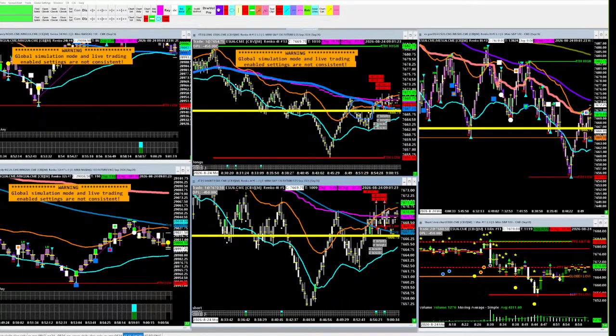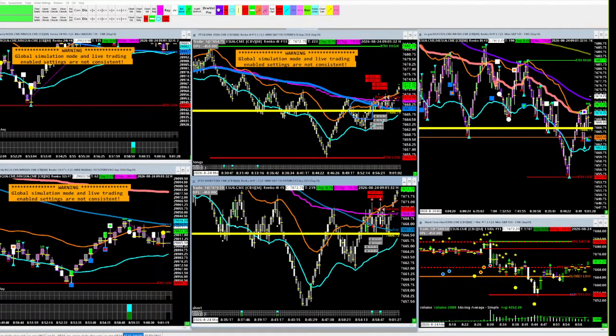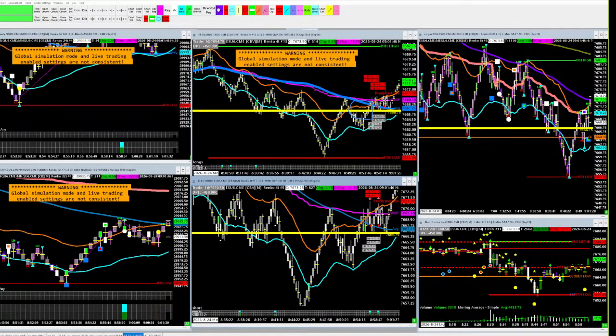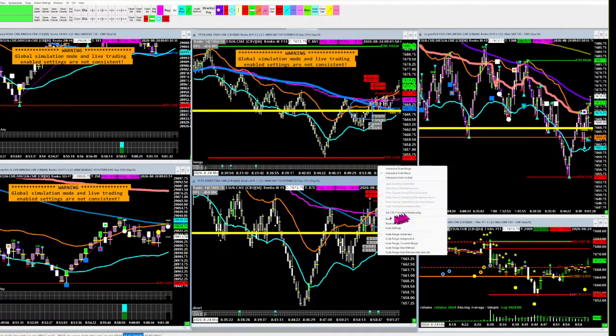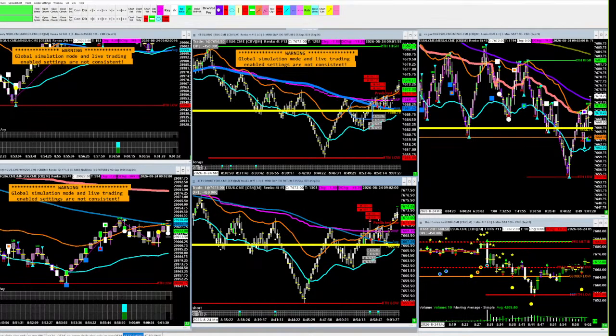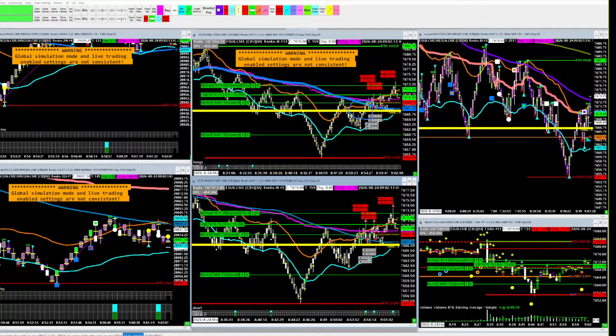Man, that's a crappy sequence right there. I am moving my stop to the top of the bar, just FYI.